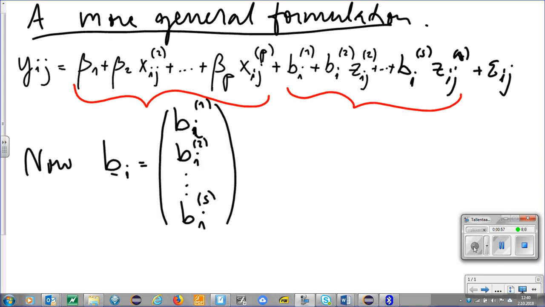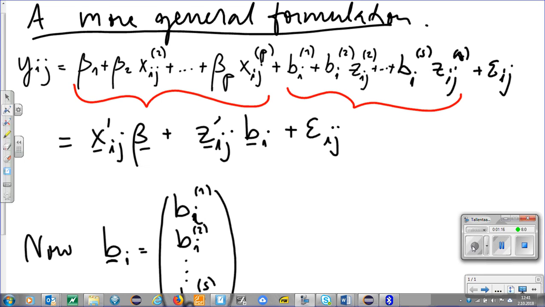And then we specify the vector of random effects as bi, and that vector includes the random effects from bi1 to bis, so all random effects for this particular group i.